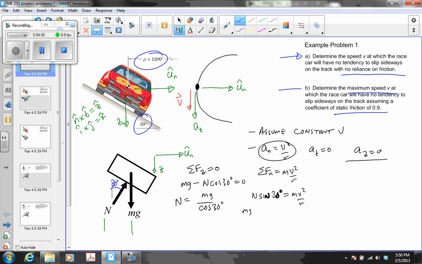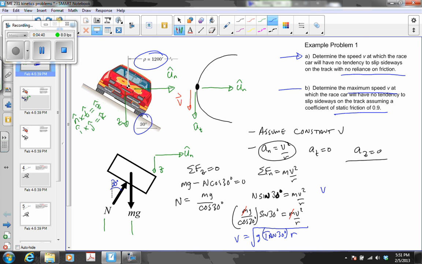Substitute in mg over cos 30 for n. So mg over cos 30 times sine 30 equals mv squared over r. Mass on both sides cancels out. So I can solve for v. v would just be equal to the square root of g times tangent 30 times the radius of curvature.